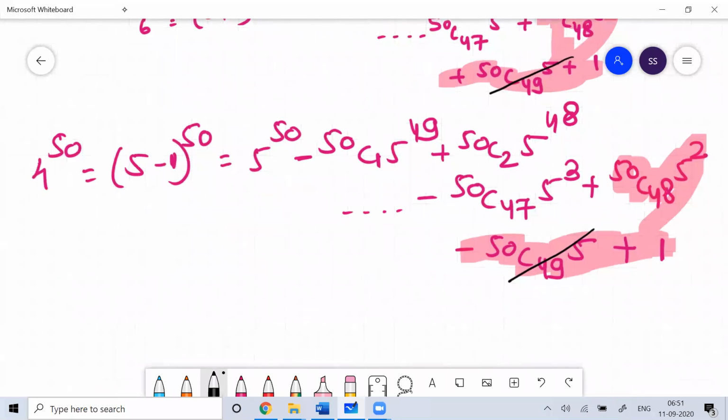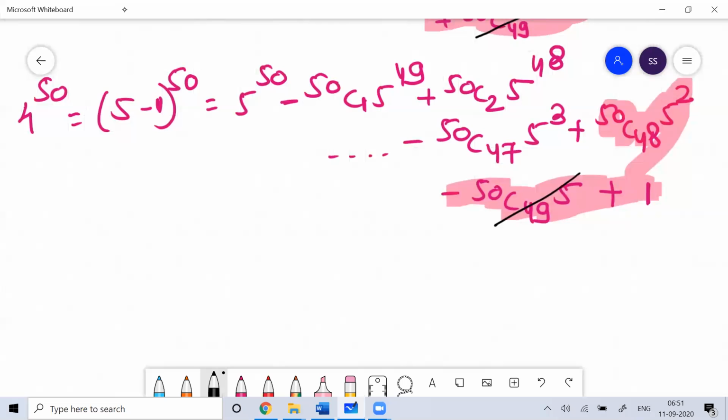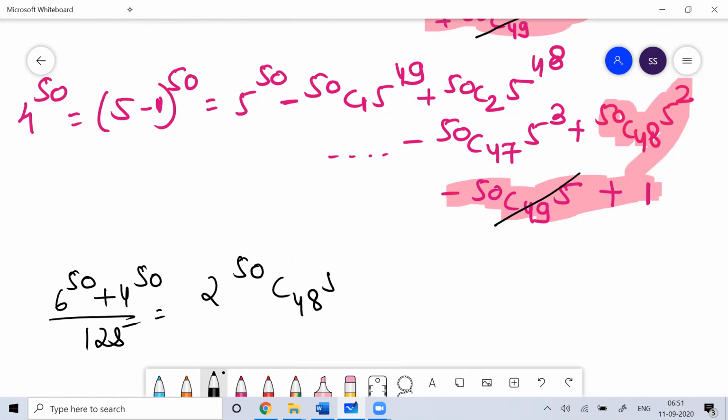So ultimately I can say 6 to the power 50 plus 4 to the power 50 divided by 125. From adding, I am getting 2 times 50C48, 5 square, plus 2, divided by 125.